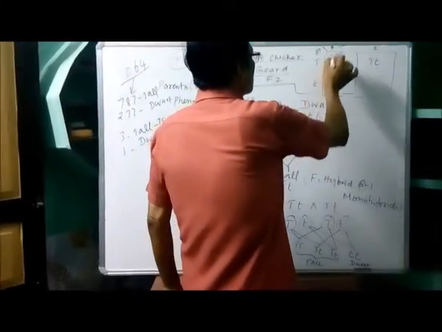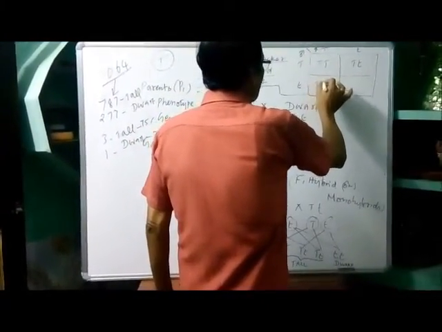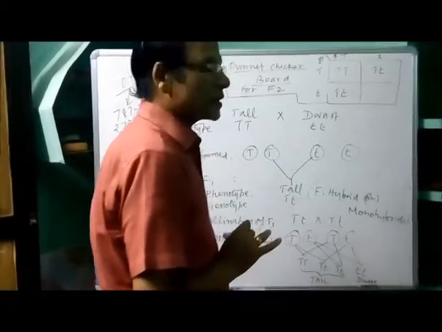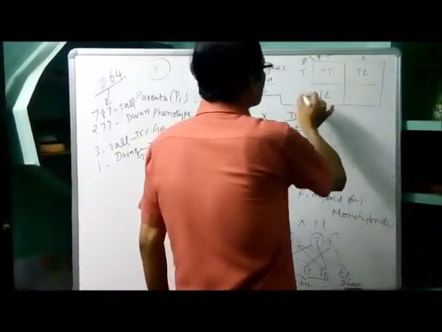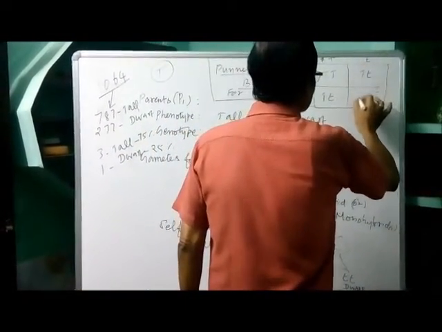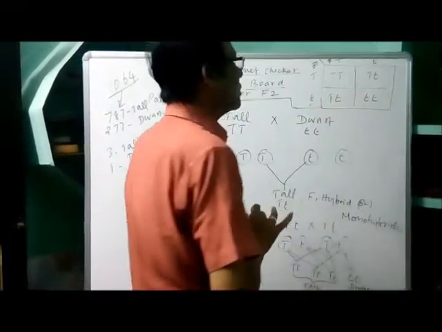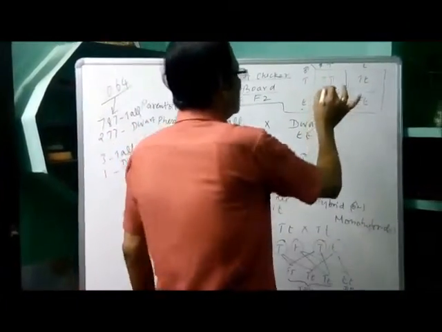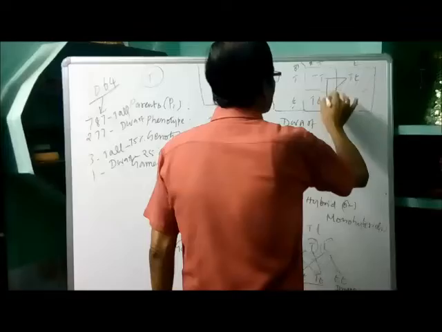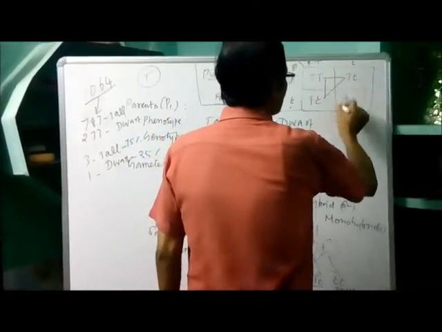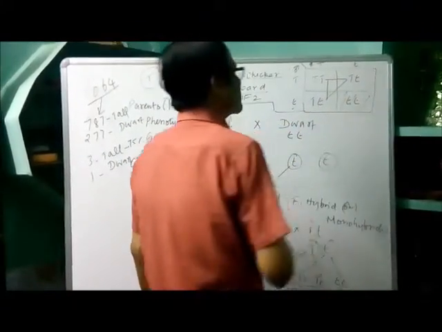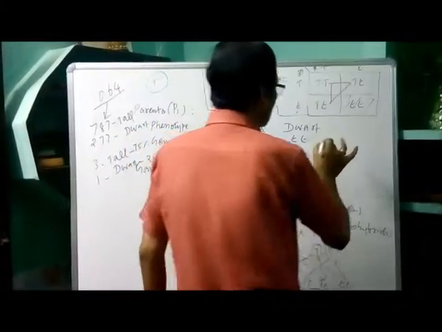This gamete also has the ability of fertilizing the gamete with the dominant factor, and similarly also fertilizing the recessive factor. So this is what we are getting. Now these 3 are tall, and this is the dwarf variety. That's why we are getting the ratio.